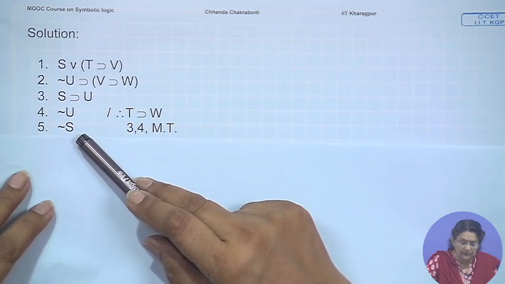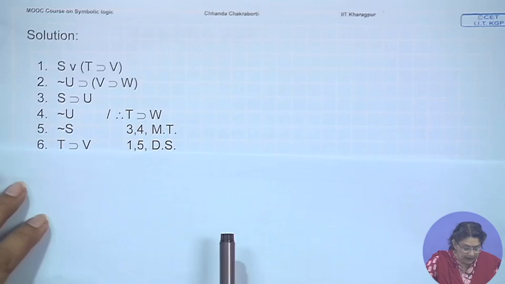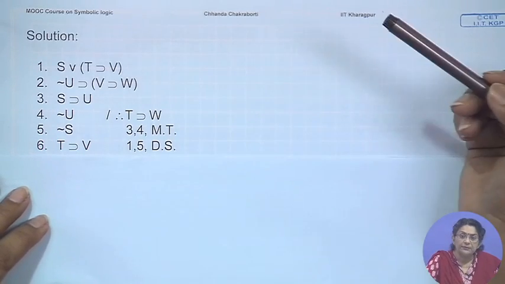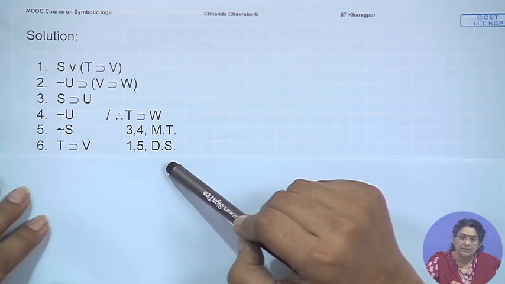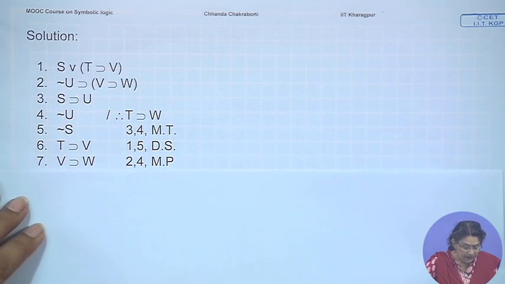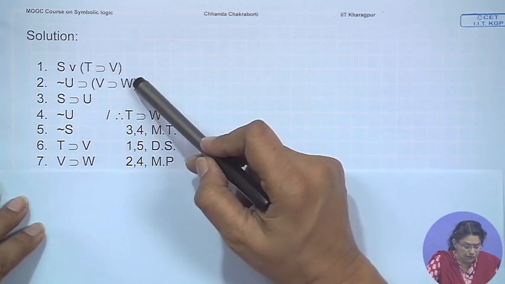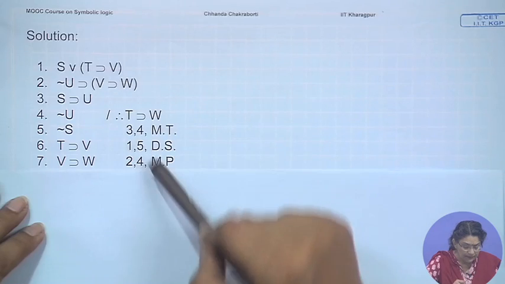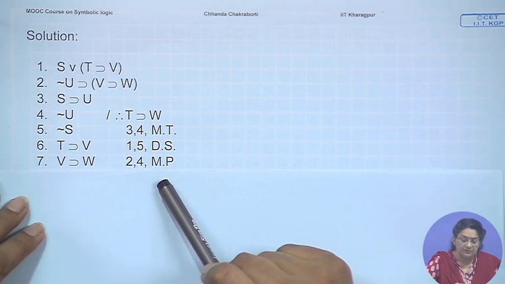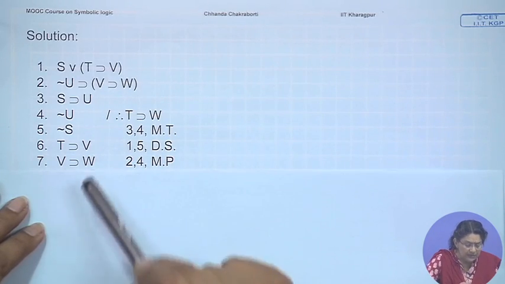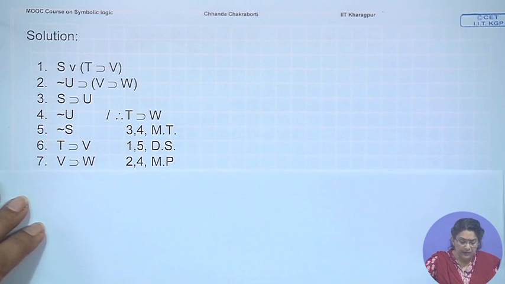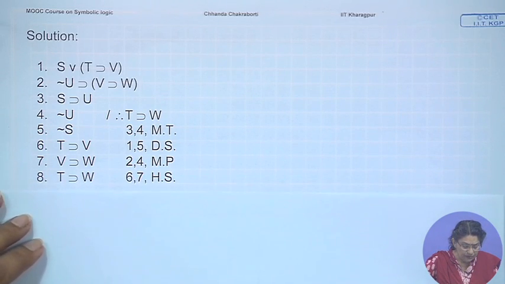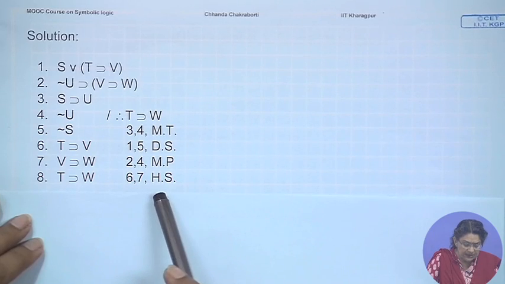So, I already have the not S out, and that will give me T horseshoe V on lines 1 and 5 by DS, and then V horseshoe W we got from 2 and 4, and this is by modus ponens, right. So, we have now what we wanted, and line number 8 should be immediately clear to you, T horseshoe W from 6 and 7.